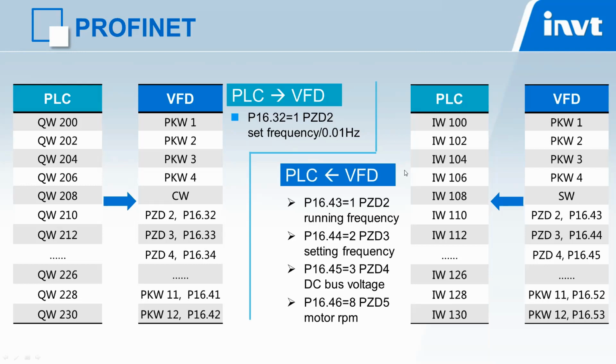Okay, this inverter status word will transfer to the IW108 automatically. So we set this P16.43 PZD2, it's the running frequency, equals 2 is the setting frequency, 3 is the DC bus voltage, 46 equals 8 is the PZD5. I set 8 as the motor running speed RPM.